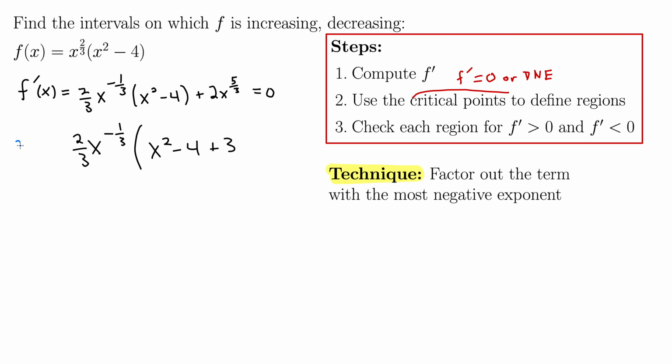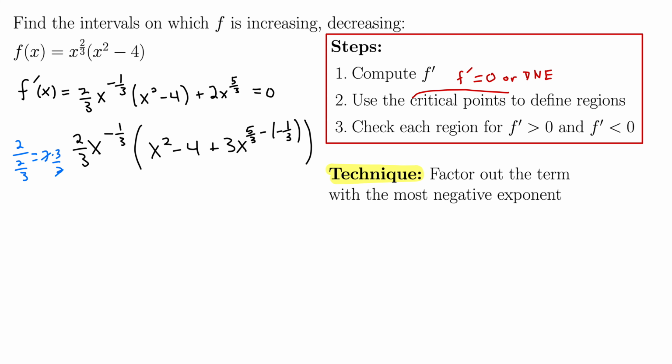Just as an aside, 2 divided by 2/3 is 2 times the reciprocal, 3/2, and that's where our 3 came from. Times, well, we factored out x to the negative 1/3, which means we divided every term left behind by x to the negative 1/3, and when we divide, we subtract exponents. So here we have x to the 5/3 minus a negative 1/3.